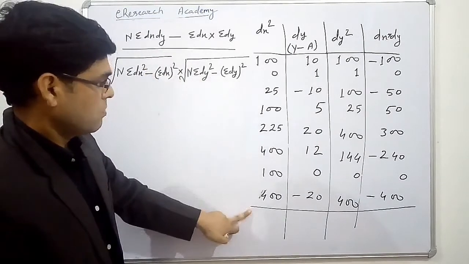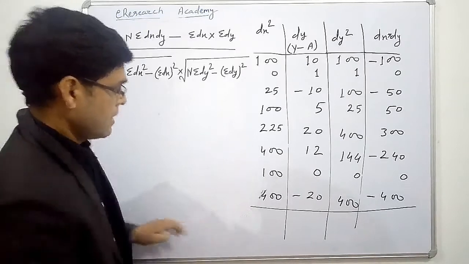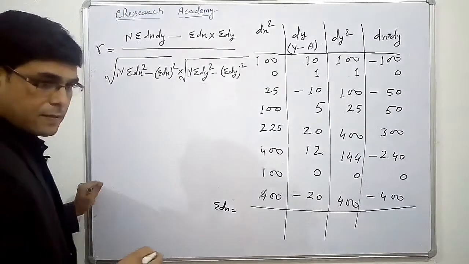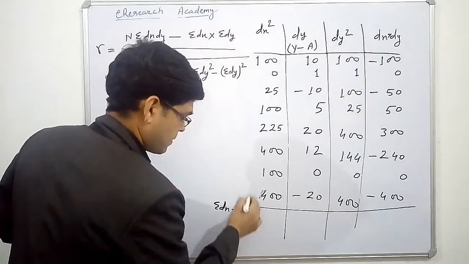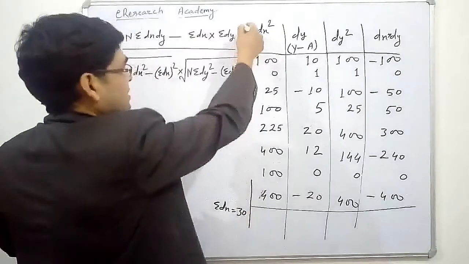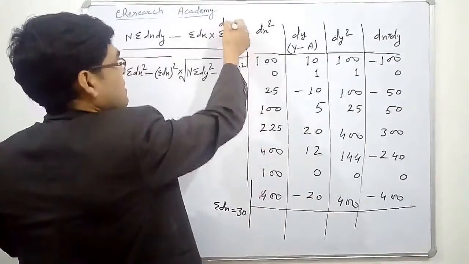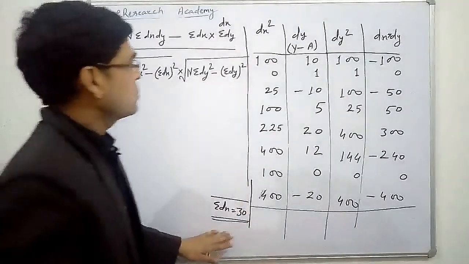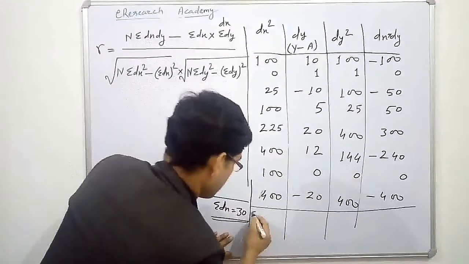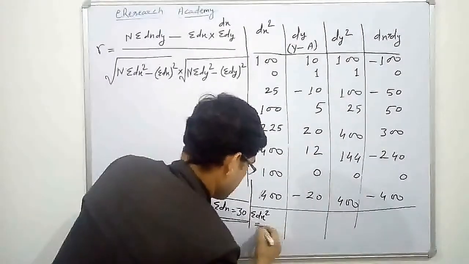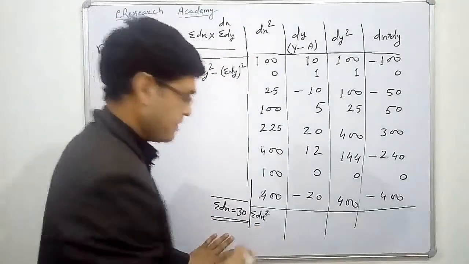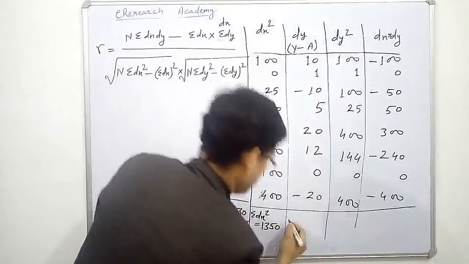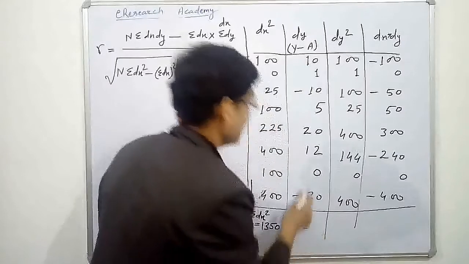Sorry, I have just wiped out this dx column here, but sigma dx is 30. Next we need sigma dx square, that is 1350.